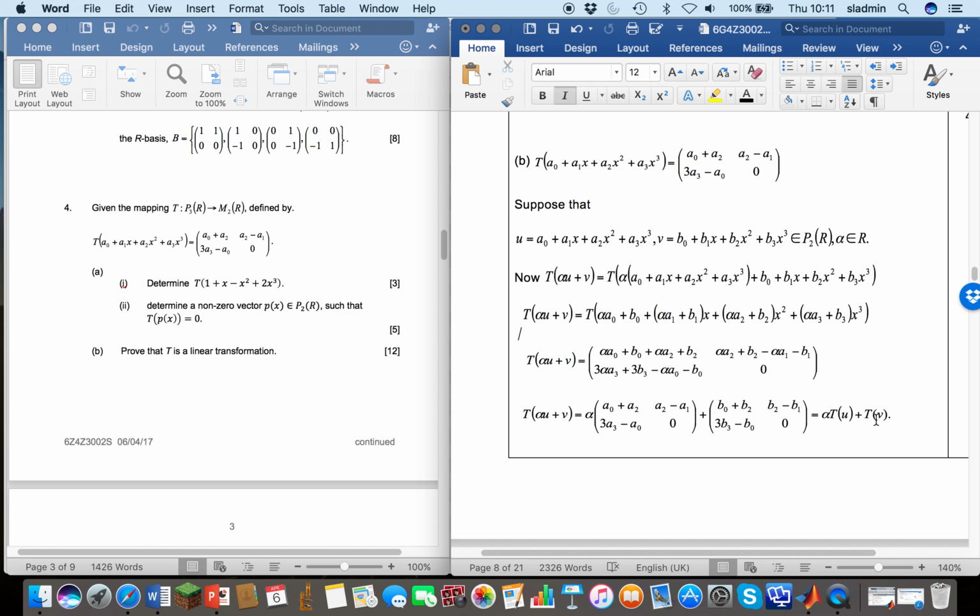So you can either work backwards to get the answer, or you can work forwards, whichever you find easiest. And then we've actually proven that T of alpha u plus v is indeed equal to alpha T of u plus T of v, so therefore T is a linear transformation. And this concludes the solutions for question 4.